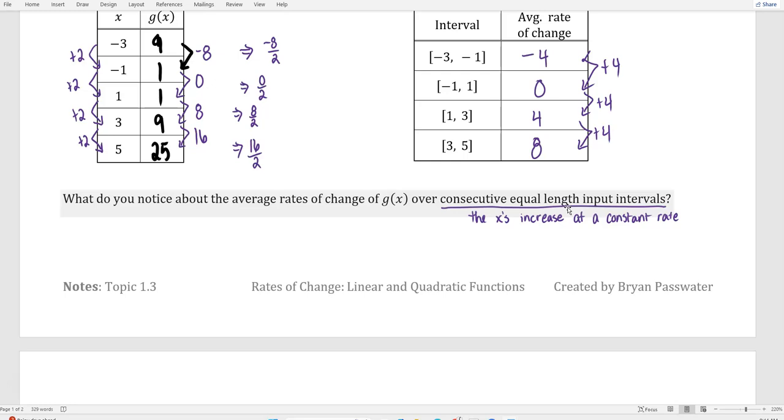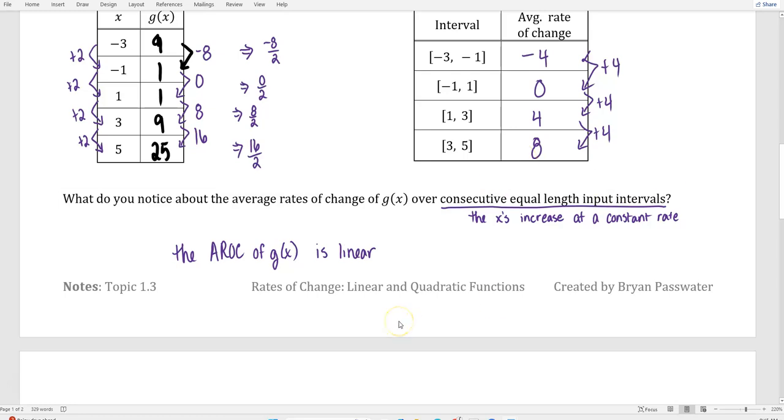But as long as the x's are increasing at the same rate, then the average rate of change, AROC, of g of x is linear. So the rate of change of the rate of change is linear for a quadratic.